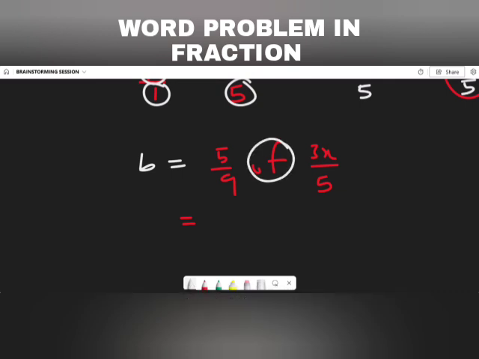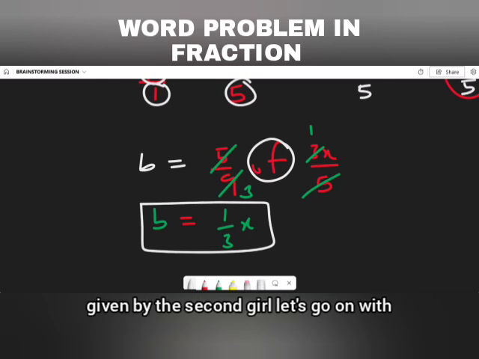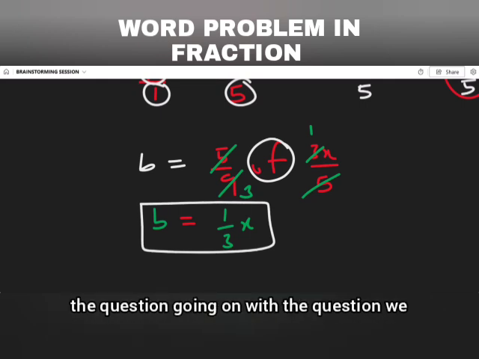So 5 can cancel out 5, 3 here 1, 3 here 3. So we are left with B received 1/3x sweet. So this is the fraction of sweet given to the second girl. Let's go on with the question.